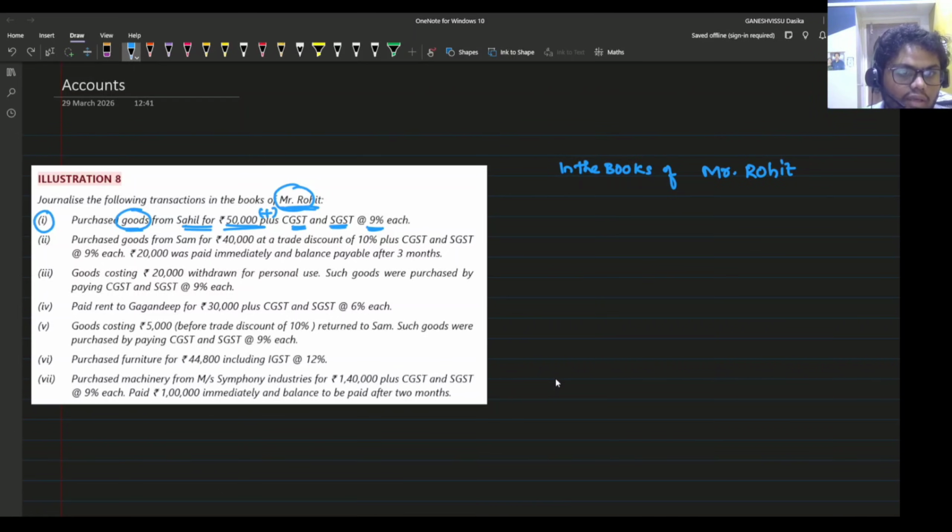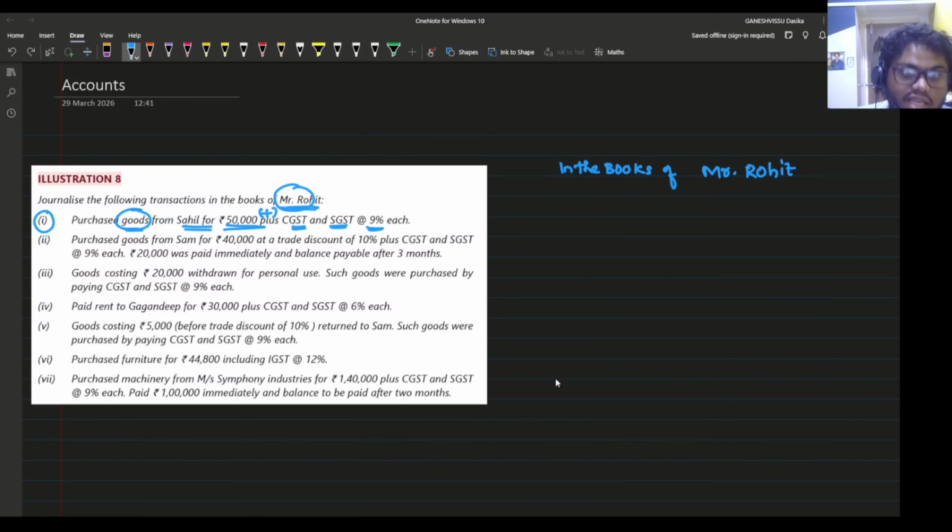As he is purchasing the goods from Sahil, we have to assume that Mr. Rohit is a wholesaler or a retailer. So he has to pay SGST and CGST separately to the previous person, the wholesaler, who will be charging the GST amount.